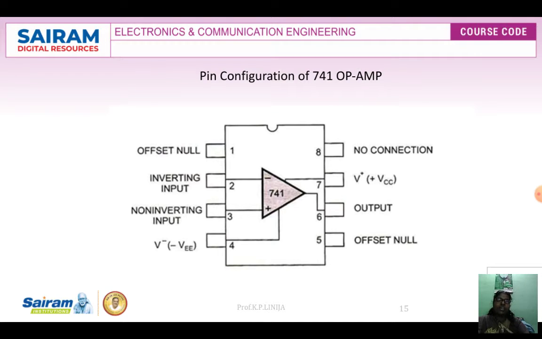The main thing is that the offset null pins cancel the internal discrepancies. For example, if you provide the same voltage to both input pins, you adjust the offset null to make sure that the output is 0. The main concept is that in order to make the output 0, the offset null is utilized in the IC741 op-amp. So these are all about the input modes of the operational amplifier and the pin configuration of the IC741.